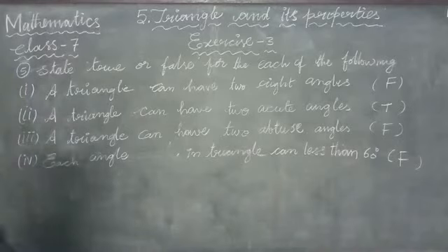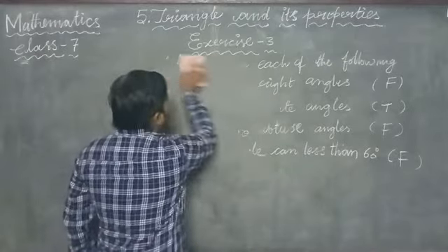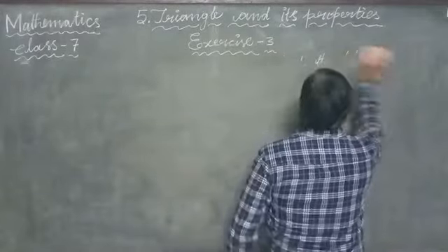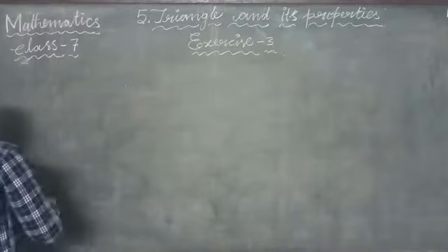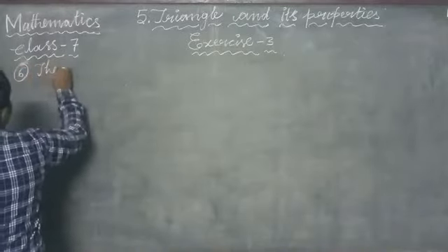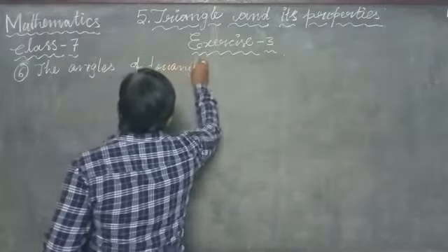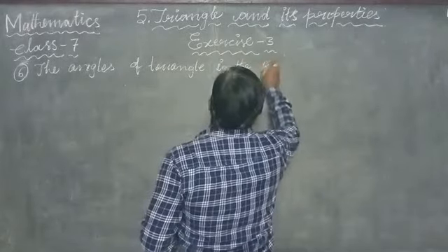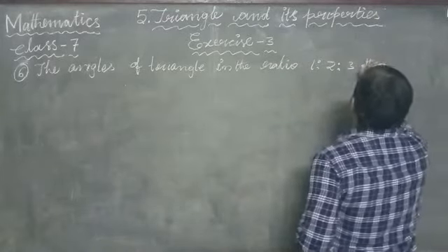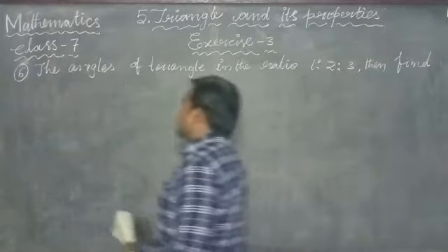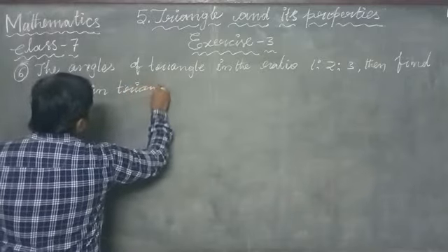Okay, now let us see the sixth problem. The sixth problem is that the angles of a triangle are in the ratio 1:2:3, then find the angles in the triangle.